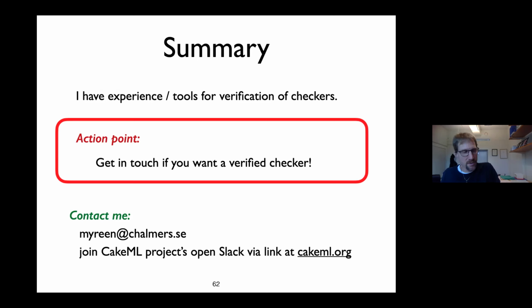So the chat seems to be silent, but I don't know if this is a question for the second half. You showed this whole tool chain where I have this verified CakeML compiler, and then finally I get code and a proof that the code does what it's supposed to do. So one question, let's see if I can get this right. Suppose I totally don't believe your tool chain.